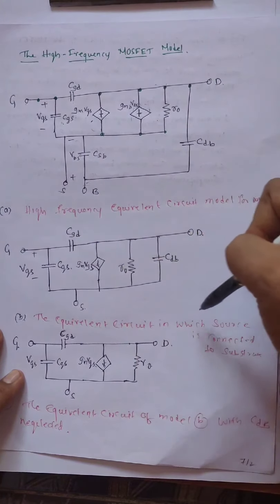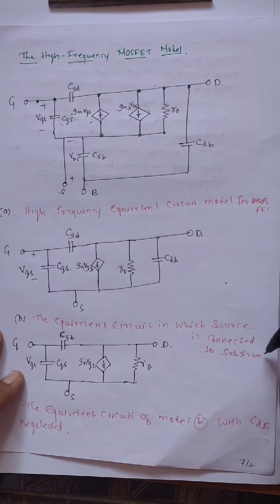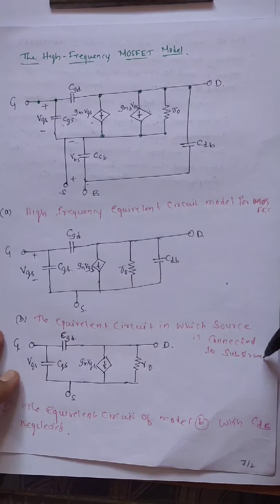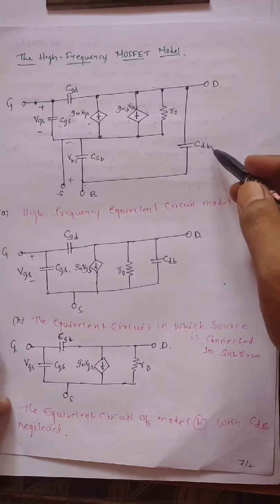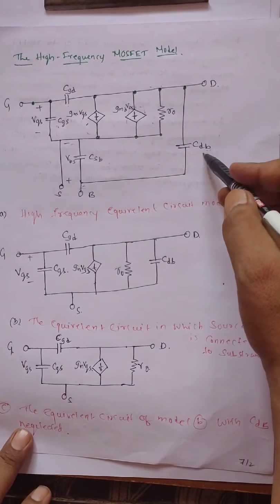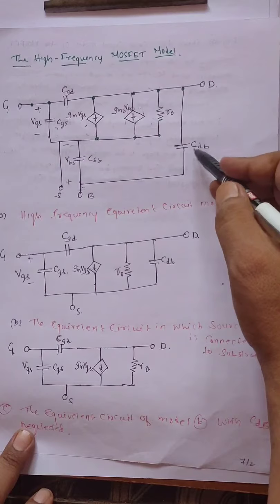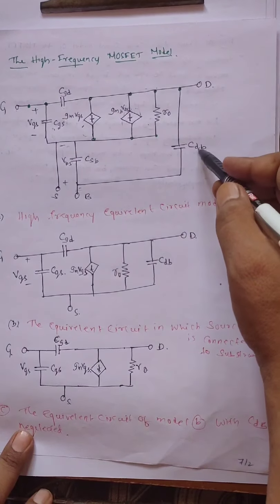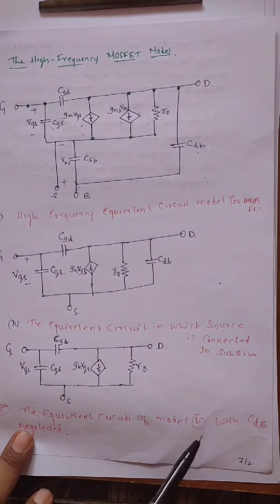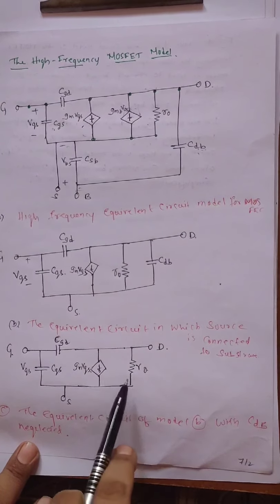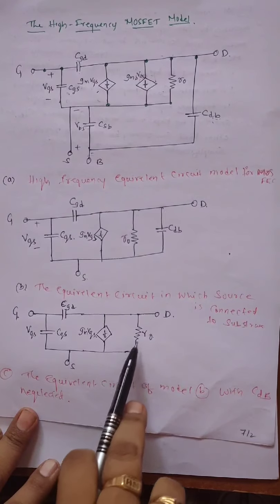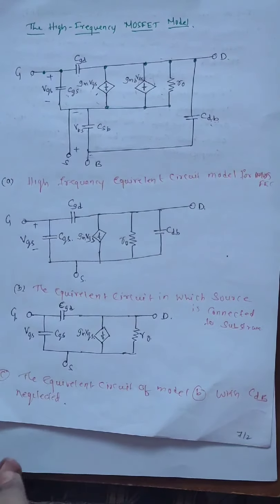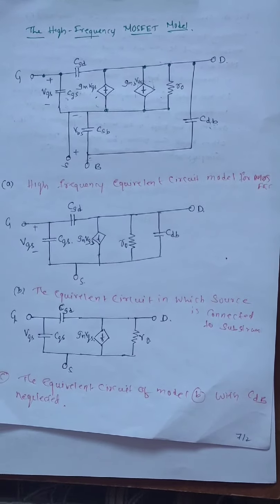Similarly, the drain to body capacitance can also be neglected. When we neglect the CDB value, we have the equivalent circuit of model B with CDB neglected, and we get this type of circuit in our high frequency MOSFET model. So this is for today's class.